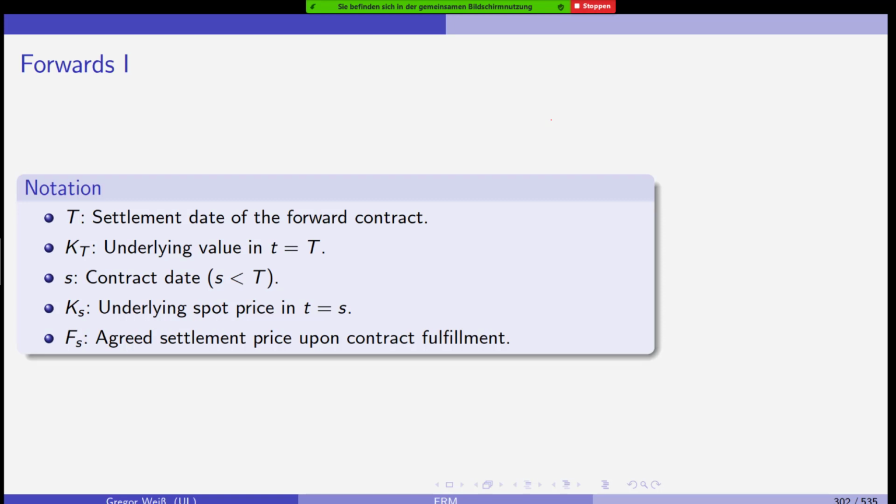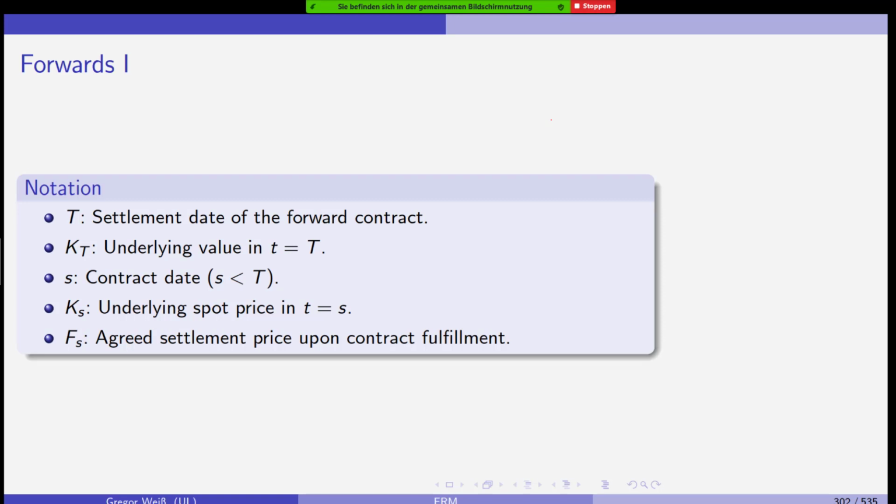Just a quick reminder, what is a forward, what is a future contract? A forward contract is an agreement in which you agree to buy or sell a certain underlying for a fixed price, and you agree to this in a contract, and it is not an option. You have to deliver the underlying and the other side has to pay up, or you have to do cash settlement.